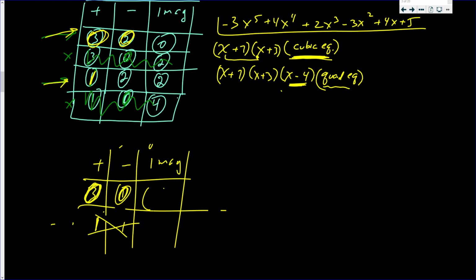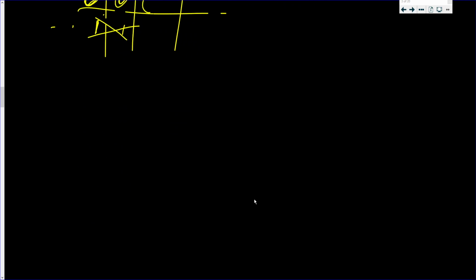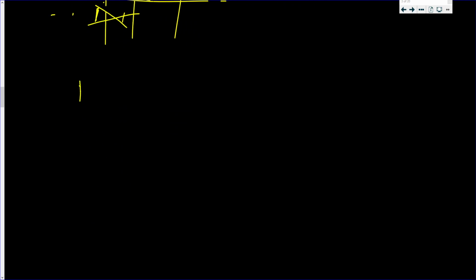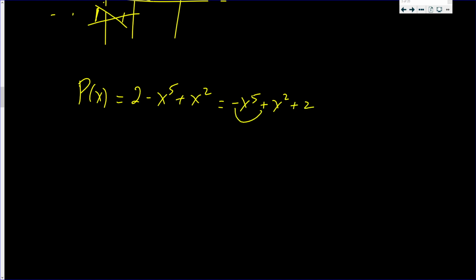Let us suppose we have one more problem. Suppose you have p of x is equal to 2 minus x to the 5th plus x squared. I would write this in descending order. There is one sign change.